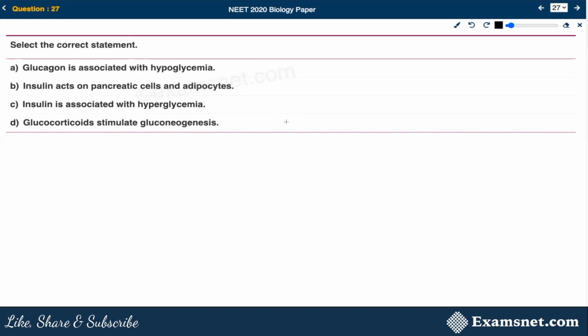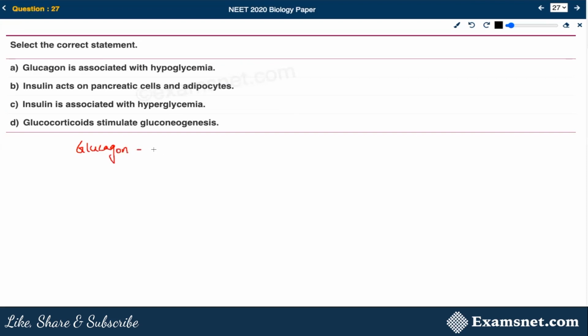It is primarily produced from the alpha cells. And this glucagon is responsible for increasing the blood glucose level. So that's why glucagon is considered a hyperglycemic hormone.